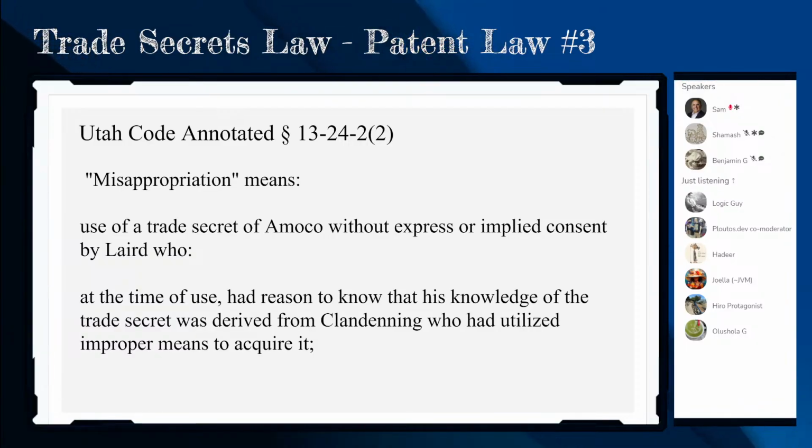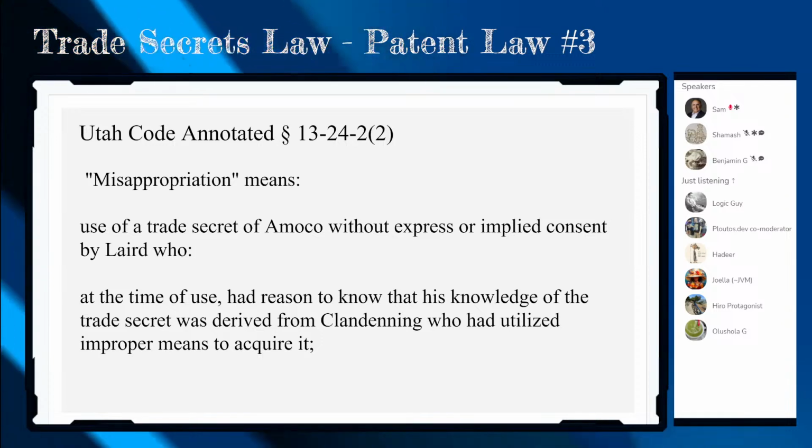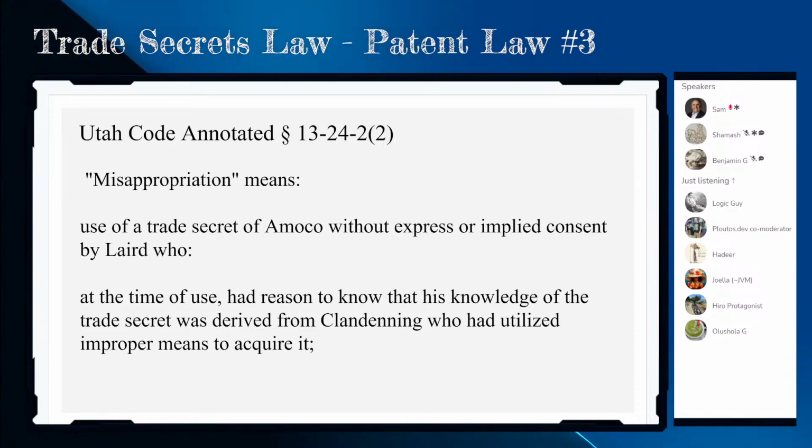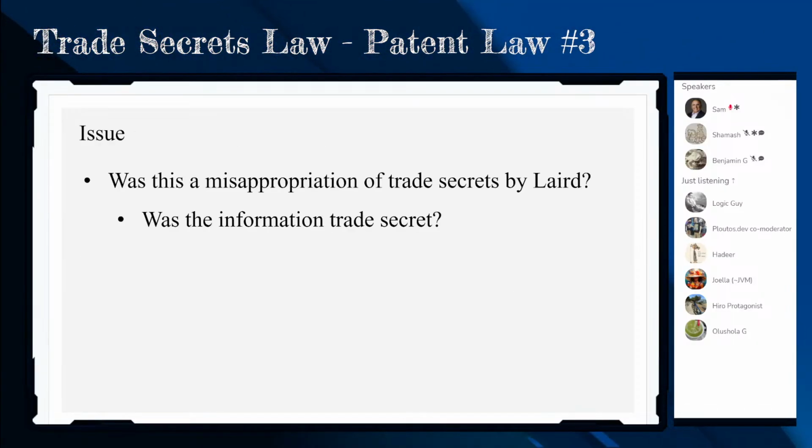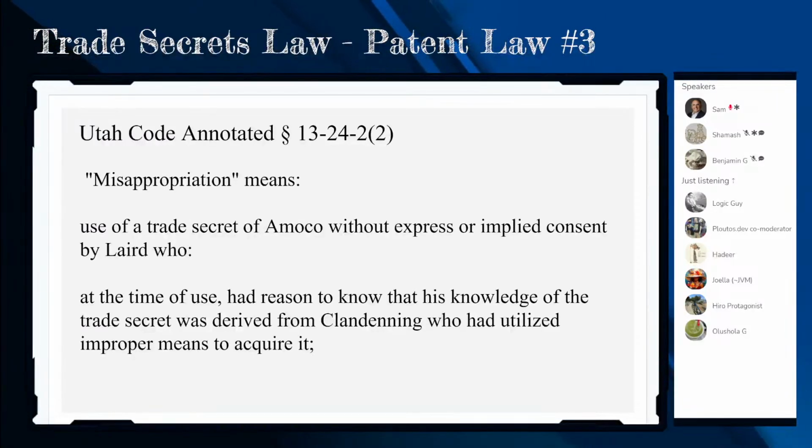How did he use that? He used it by offering the lease to the fields that were covered by the confidential information back to Amoco, trying to get money from Amoco. So that's a use of the information, and at the time he knew.